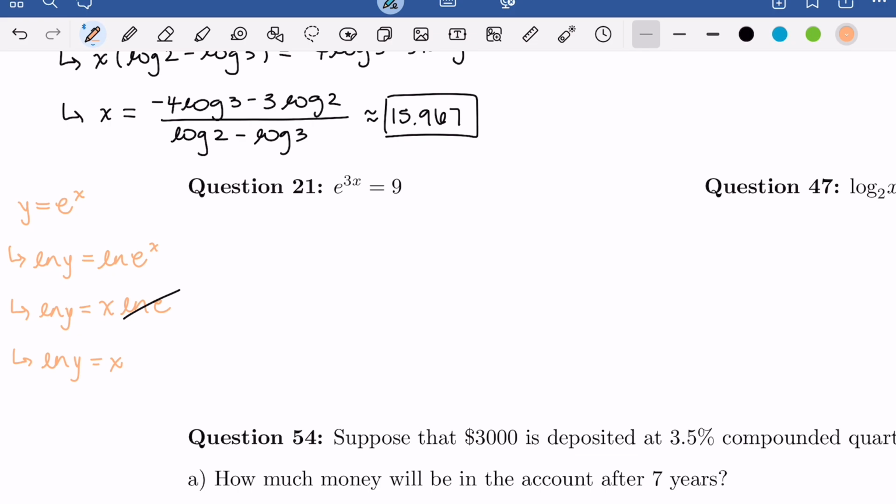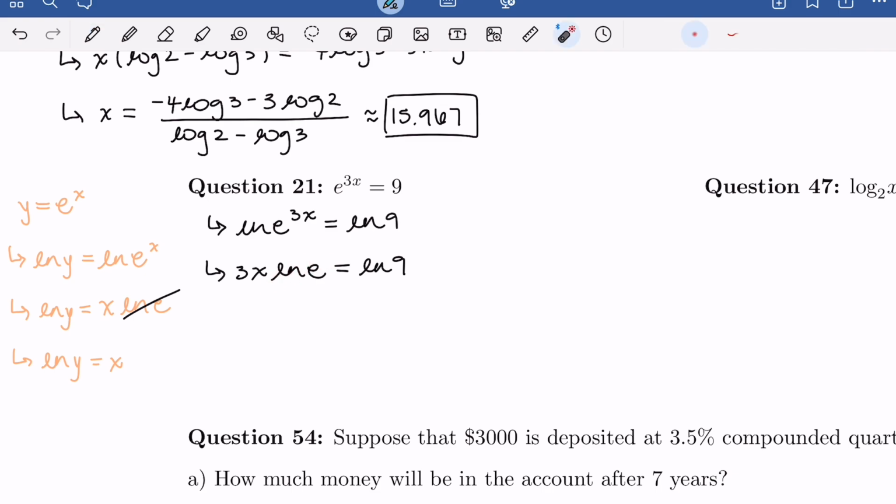So applying this to question 21 here, in order to solve for this x, the first thing we're going to do is take the natural log of both sides of this equation. We're going to end up with ln of e to the 3x is equal to ln of 9. Our power rule tells us this 3x is going to come down in front, and then we're going to have ln of e. These are going to undo each other.